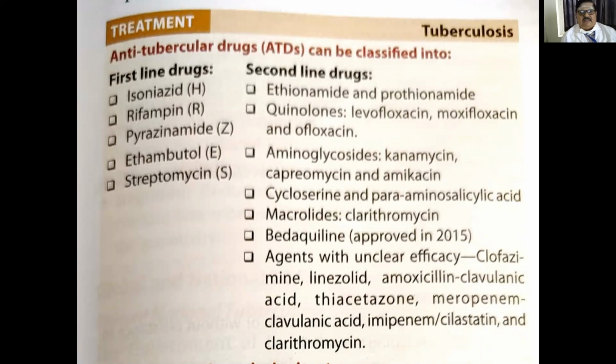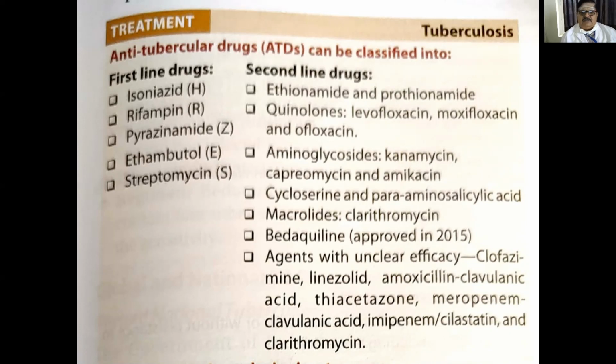Don't worry about the regimens, except you say there is an intensive phase and a continuation phase in the National Tuberculosis Elimination Program. That's all. So first line: isoniazid, rifampicin, pyrazinamide, ethambutol, and streptomycin.